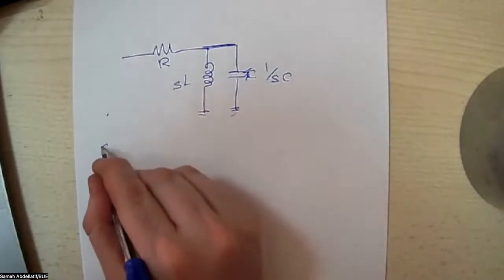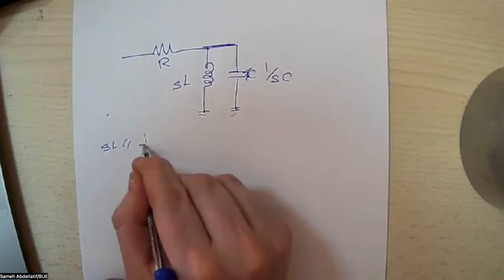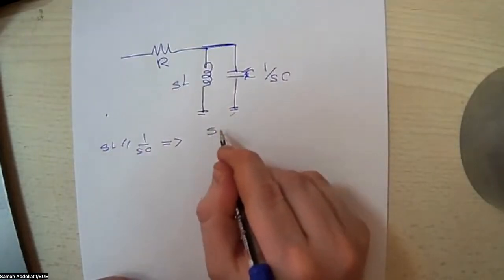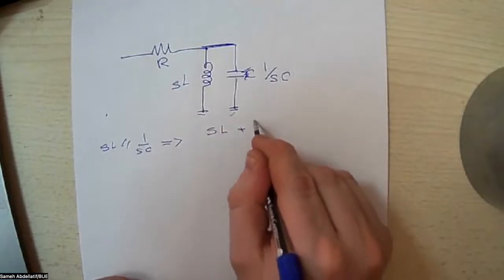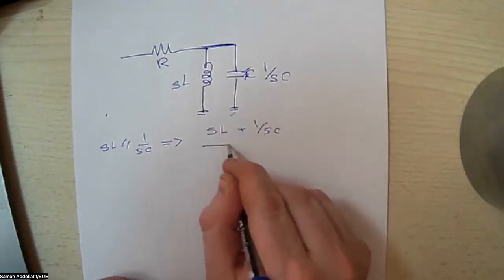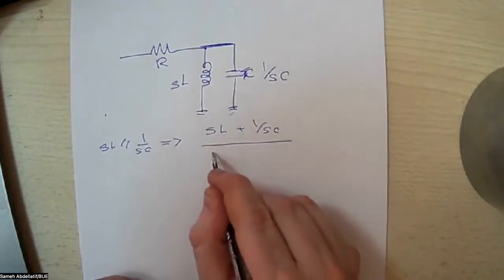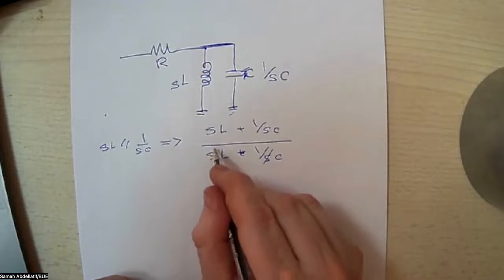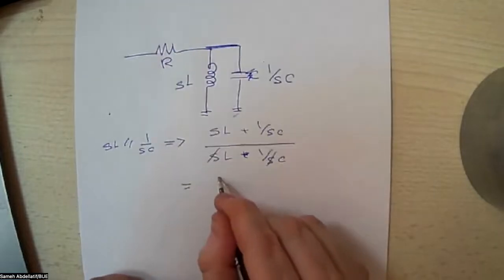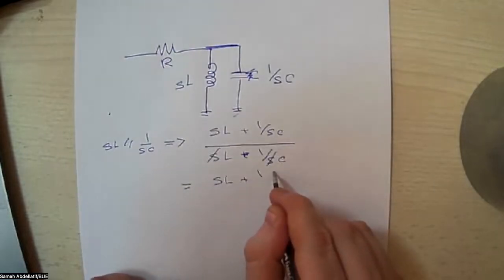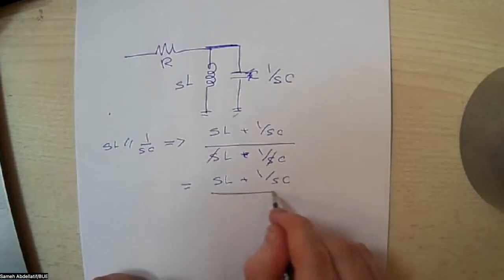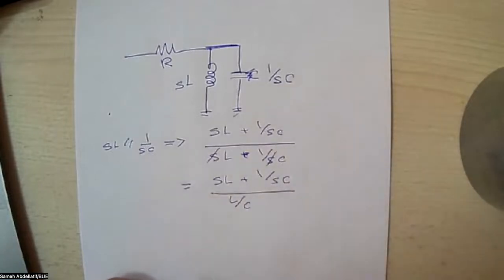So we have SL parallel to 1 over SC, which will result in SL plus 1 over SC, over SL times 1 over SC. Here S will be cancelled with S, so it will be SL plus 1 over SC over L over C, as you can see, my dear students.